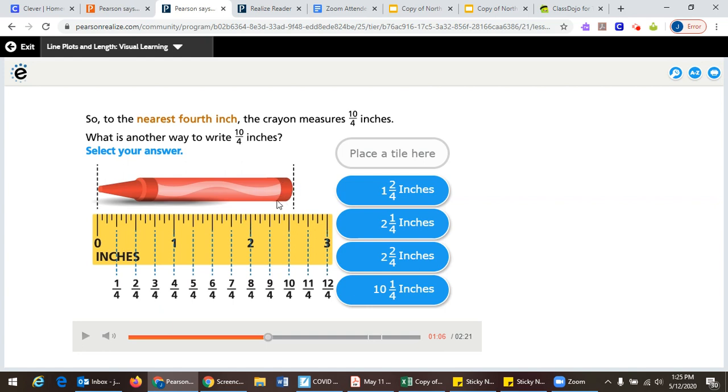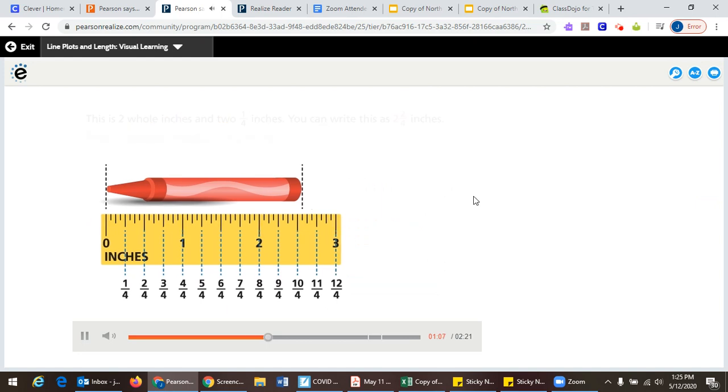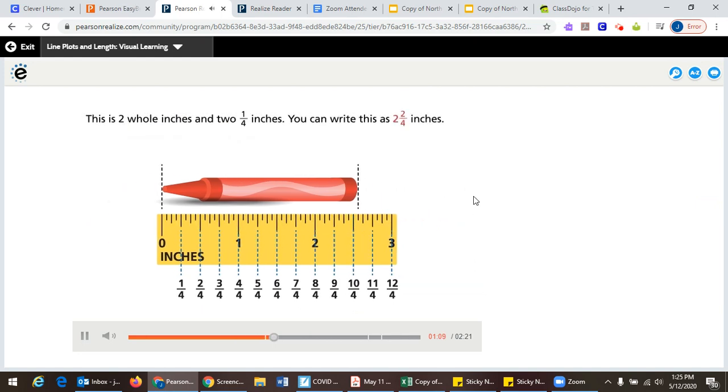So if I were to rewrite this, it would be 2 and how much more? If you're thinking 2.5, you are correct, because it's 2 whole inches and about a half of another inch. So the correct answer would be 2 2/4. This is 2 whole inches and 2 1/4 inches. You can write this as 2 2/4 inches.